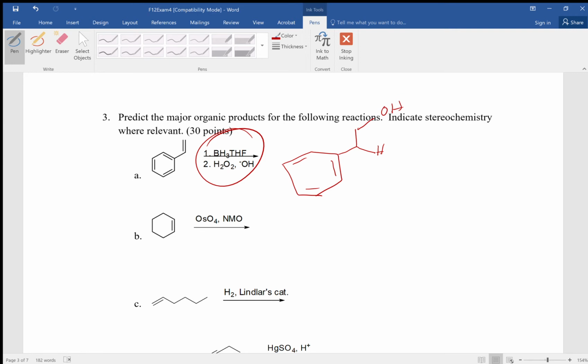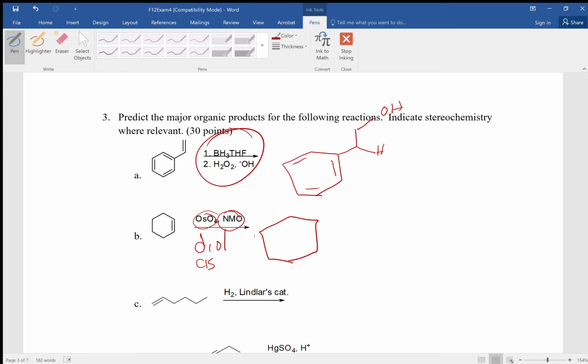In part B, we're looking at osmium tetroxide and NMO. This is a reaction that forms diols, and specifically forms cis diols. So we know that the two carbons of the alkene, almost every reaction of alkenes, we lose the pi bond.